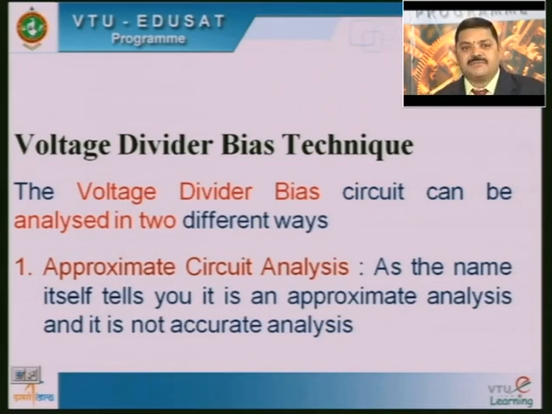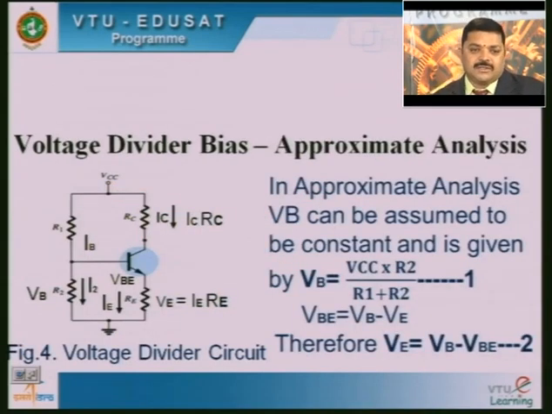As the name tells you, it is an approximate analysis and not the accurate analysis. Accurate analysis means we need to go for a precise technique, which is the second technique. We will see that later. So, first we will study the voltage divider bias circuit by approximate analysis.